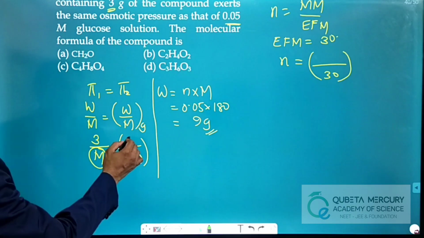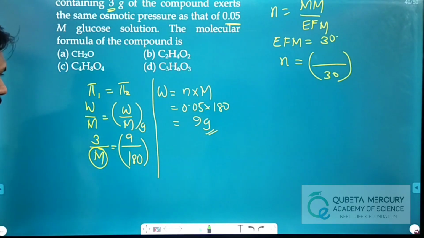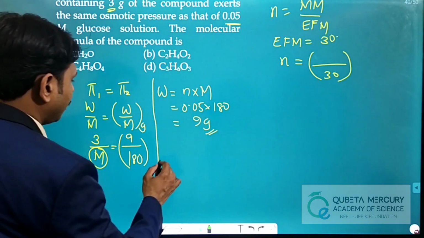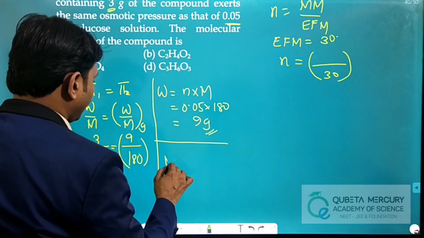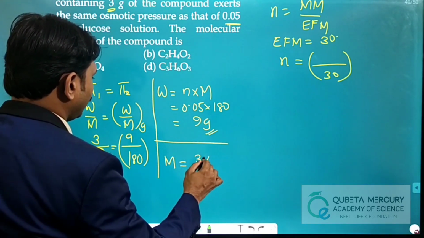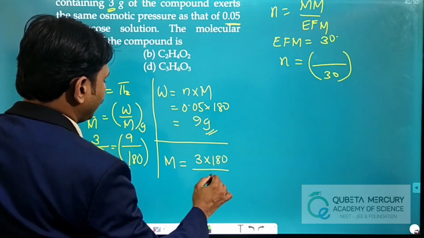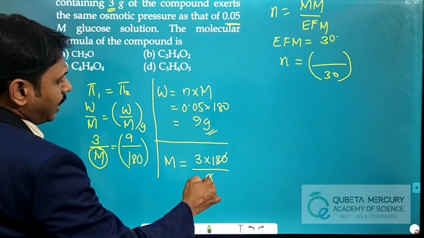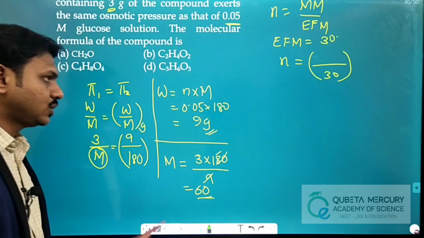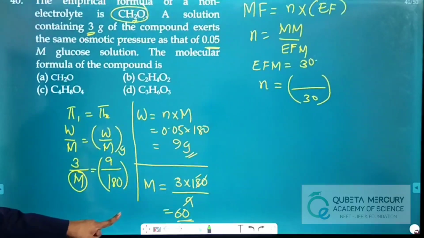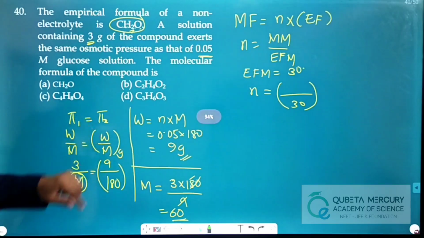From here, we can calculate the value of M as M equals 3 into 180 divided by 9. By substituting this, you will get 60. Molar mass is 60. Direct calculation, very simple.